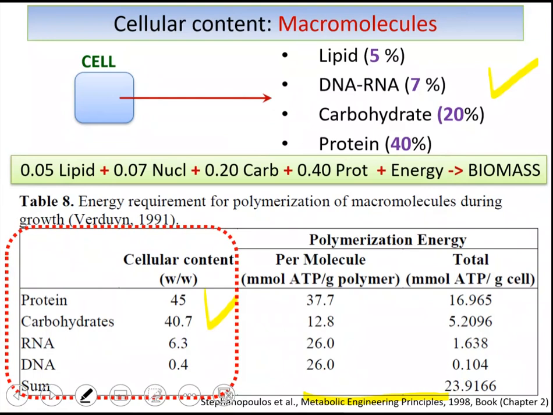And here you see the energy required to make those polymeric structures, those big molecules. So per gram cell, 24 millimole ATP is required for the synthesis of those macromolecules. Which means that here you should add, instead of energy, 24 ATP.